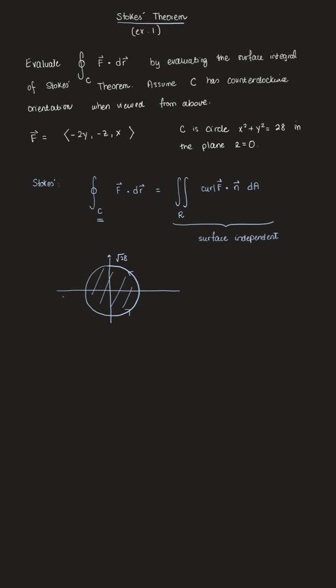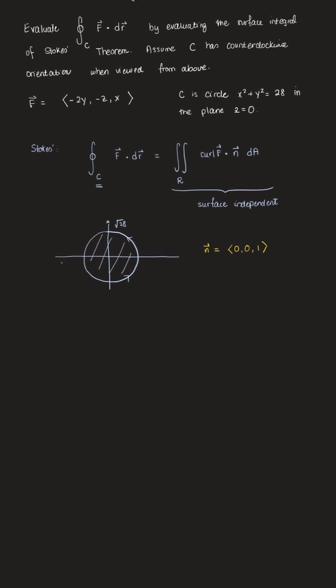Our normal will then be pointing in the positive z direction. So we can use as our normal just 0, 0, 1, because our region is on the xy plane. Using 0, 0, 1 ensures that we're pointing in the positive z direction, which satisfies the compatibility between our region and our curve.